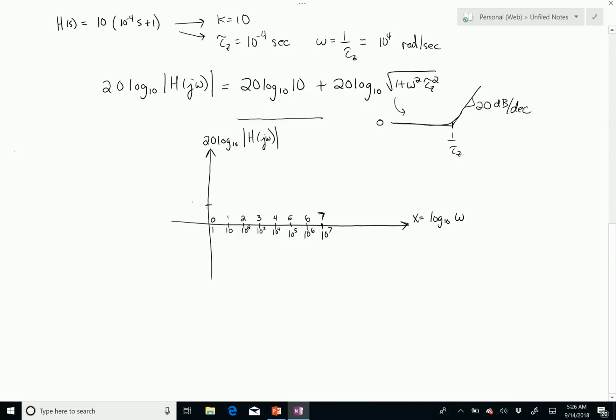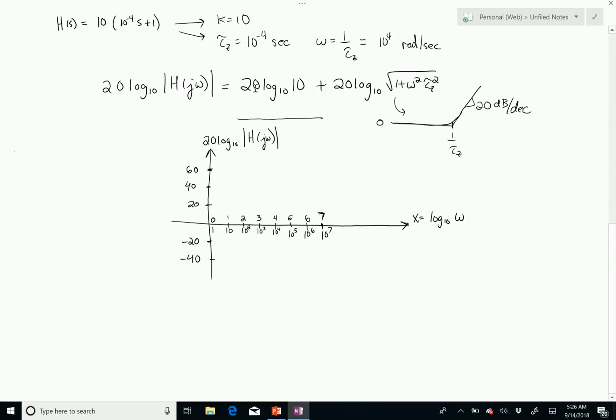Now on the y-axis, I would do something similar. Here's 20, here's 40, here's 60. Each of these tick marks corresponds to 20 dB. Here's minus 20, here's minus 40. Now I look at each of these components individually.